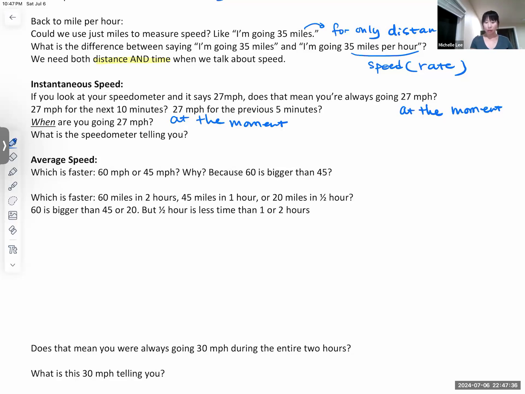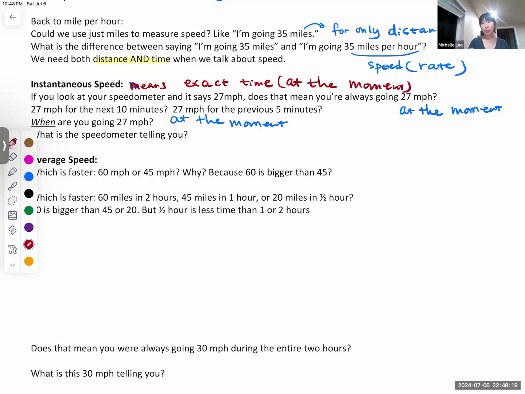So instantaneous speed means at the exact time, at the moment.